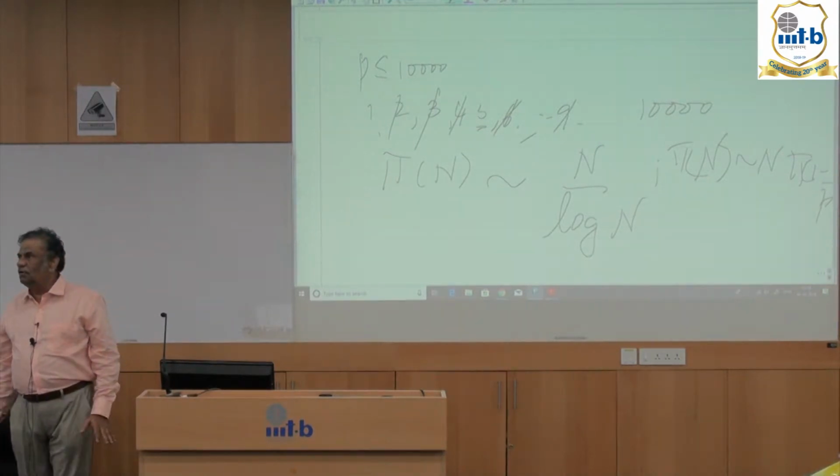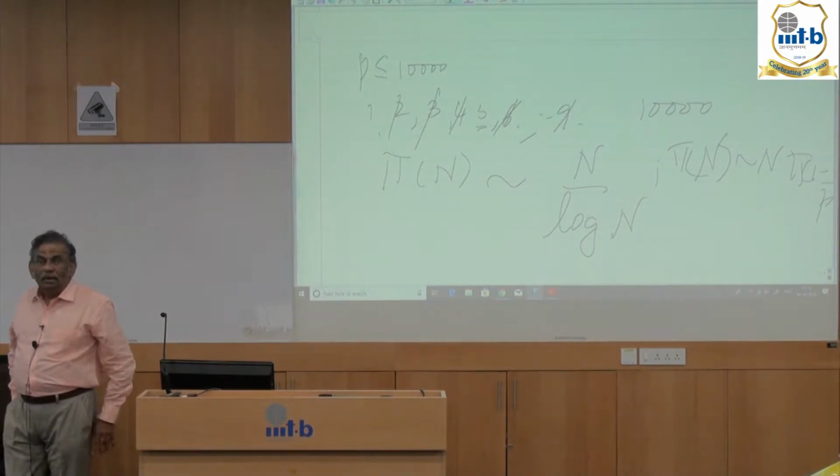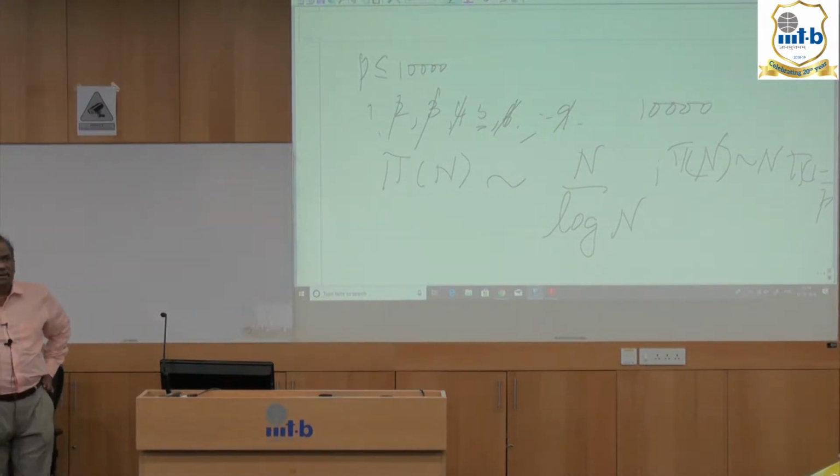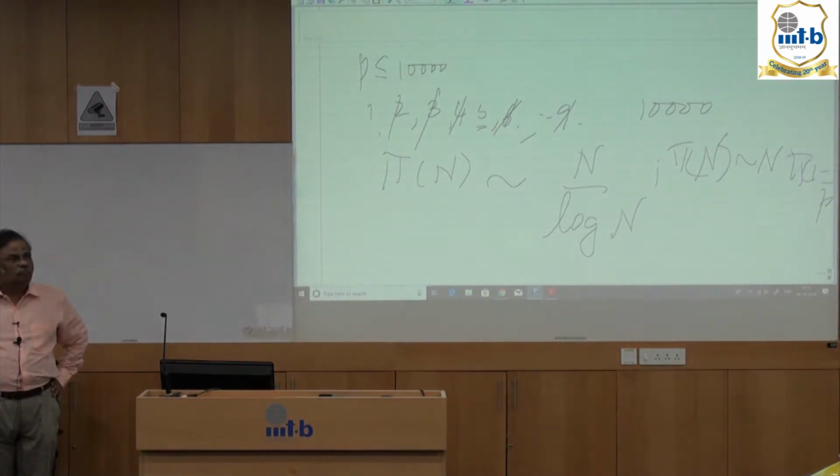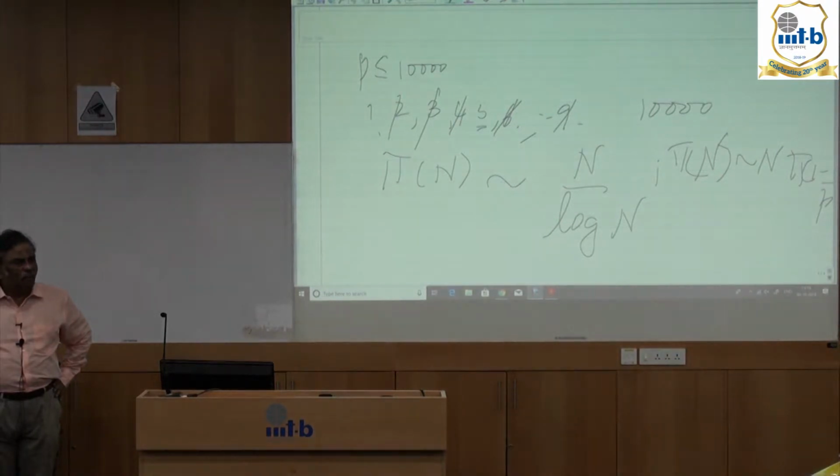Good. But unfortunately, it does not happen. This does not happen for the simple reason that if you are fixing an n, let's say n is 100, then the probability that 2 divides is 1 over 2, because there are 50 even numbers. But the probability of being divisible by 3 is not 1 over 3, it is only 33 by 100, because there are only 33 elements which are divisible by 3 out of the 100.